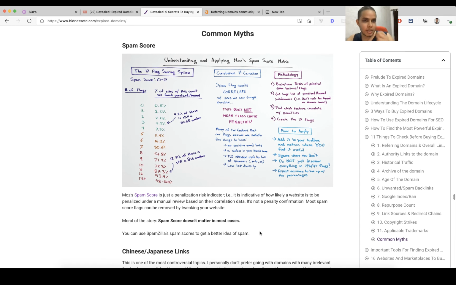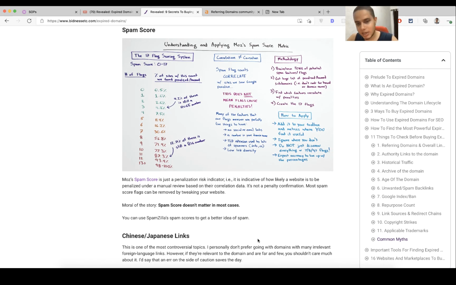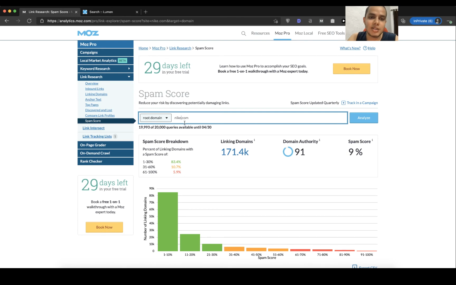Okay, next thing that I want to talk about is some common myths which we want to avoid falling into. One of the main things that a lot of people care about is spam score, which doesn't really matter. For instance, I just plugged in Nike.com in Moz, and it has a spam score of 9%.